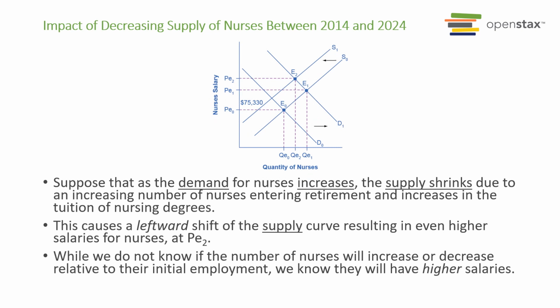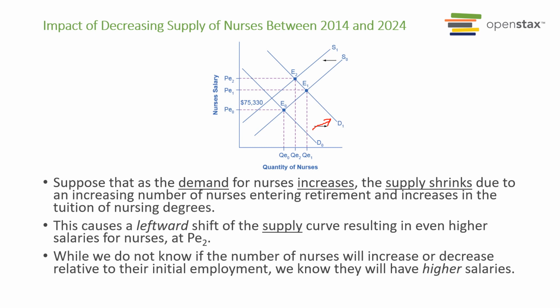So changing demand or supply will cause a change in your price and quantity. And lastly, what if we have two changes combined together, right? Again, this is actually a real thing that happened during the pandemic. On one end, during the pandemic, we saw a huge increase in the demand for nurses, right? Because there were many COVID patients and they were staying in the hospital way longer than before, so the demand for nurses went way up.